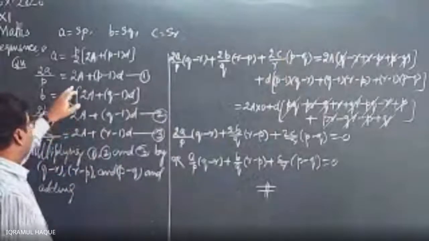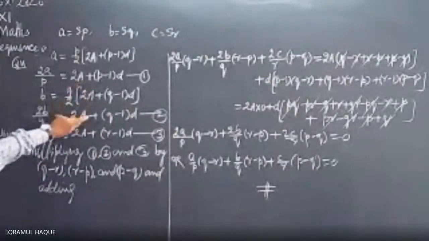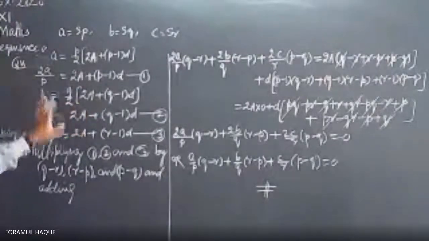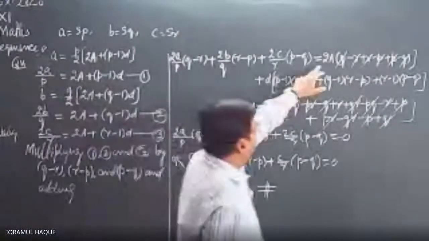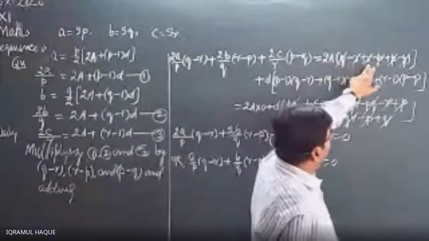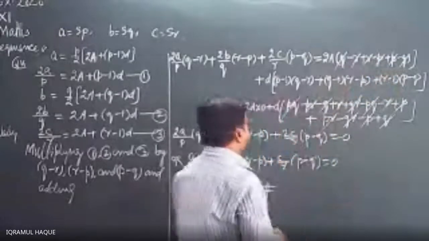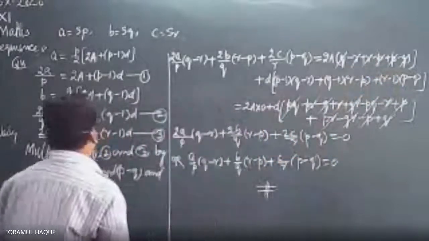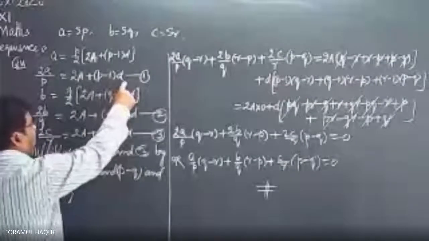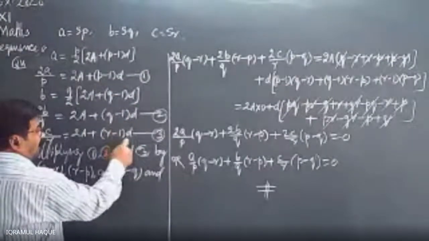Now in the right side, we have equation number 1, 2A, equation number 2, 2A, equation number 3, 2A. So everywhere 2A is common. So 2A and other terms which are multiplied is added: q minus r plus r minus p plus p minus q. All negative and positive terms are cancelled. Here, in equation number 1, p minus 1 into d. In equation number 2, q minus 1 into d. Equation number 3, r minus 1 into d.